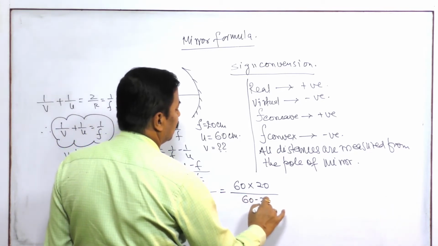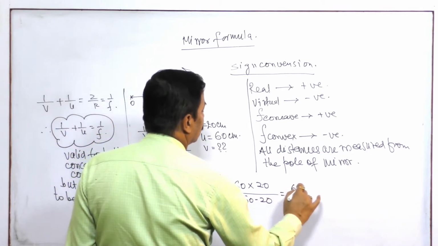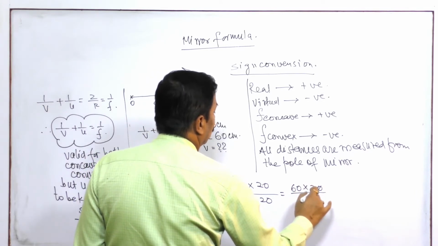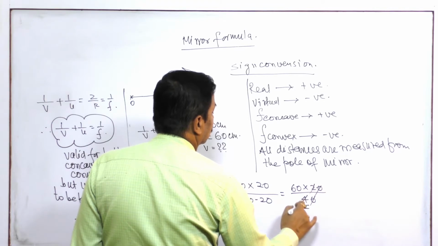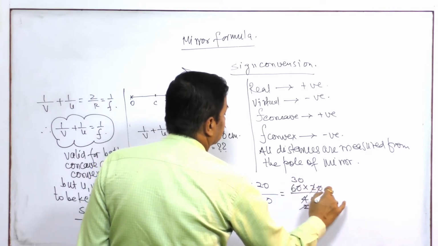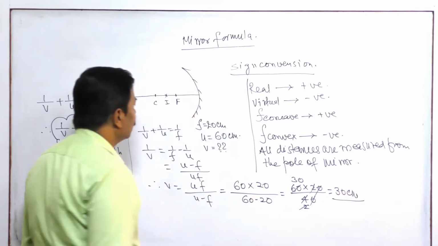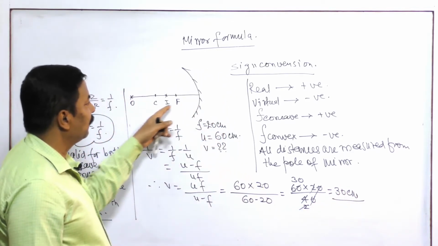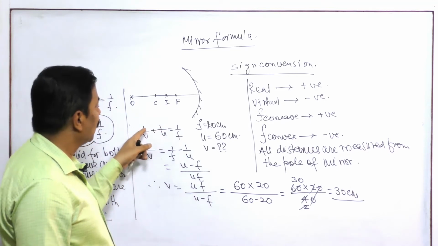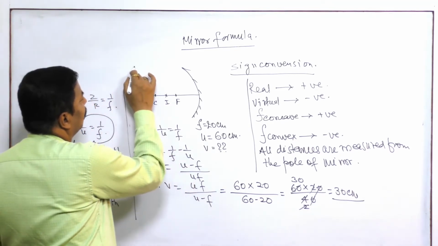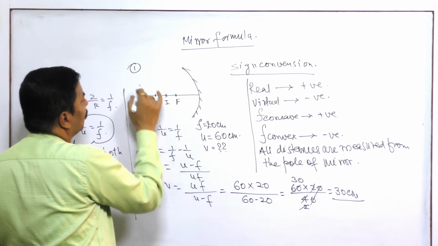This gives 60 into 20 by 40, the zeros will cancel, so V is 30 centimeter. Now you see, this 30 centimeter is between F and 2F. So this is verified: when the object is beyond the center of curvature, we have verified it by example 1.